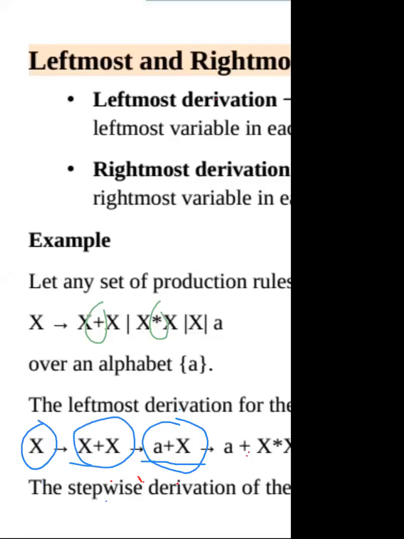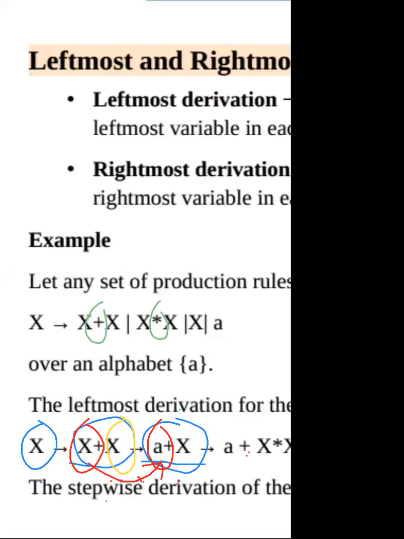The leftmost X. In X plus X, which one is leftmost? The red one. The red marked X is leftmost, and the yellow marked X is rightmost. So when you have written a plus X in the second step, that means you have replaced this leftmost X.